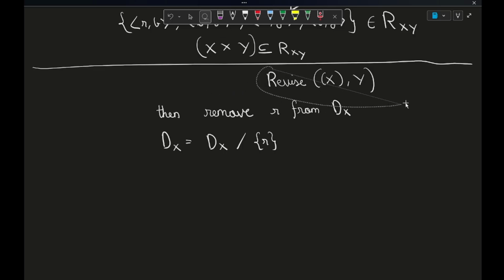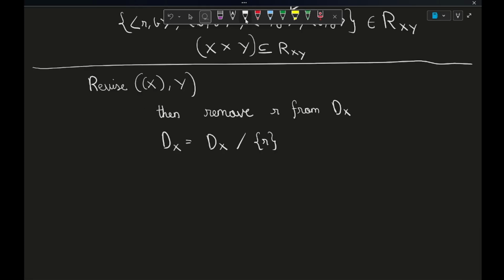Let me try to clean this up for later. So revise x comma y: if r belongs to dx, but there is no y belonging to capital dy, sorry, dy, such that x comma y belongs to rxy.